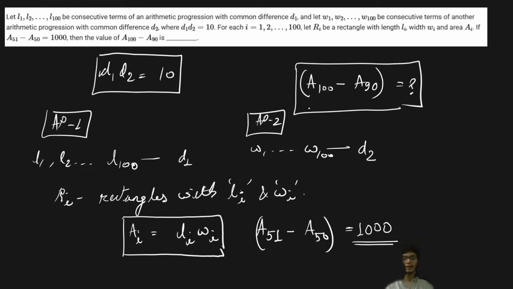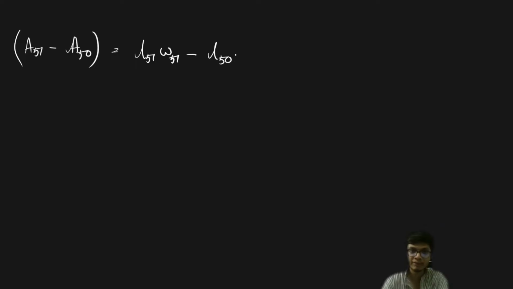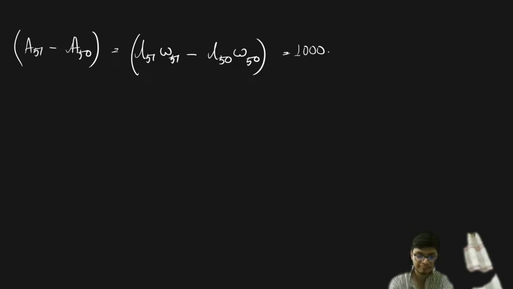So what I'm going to do here is find the area of the 51st rectangle and subtract the 50th area. This is going to be L51 W51 minus L50 W50, and that is given as 1000. With this information, I have to establish a relation.